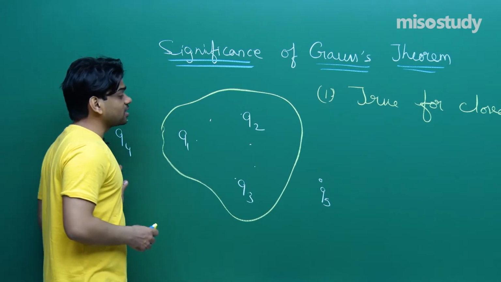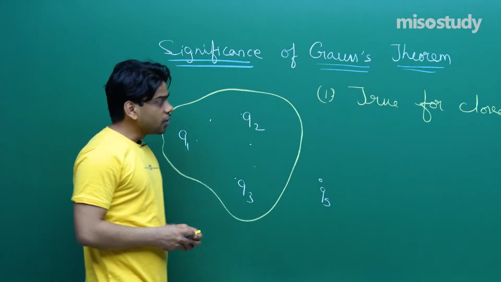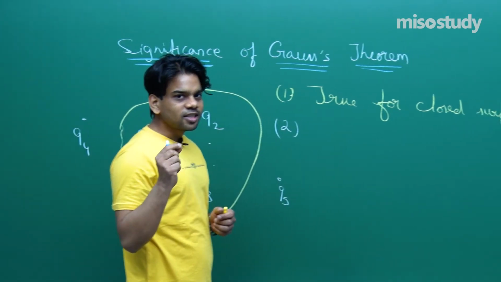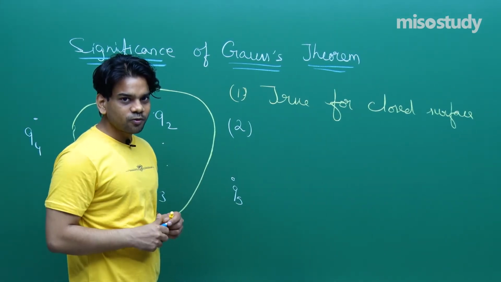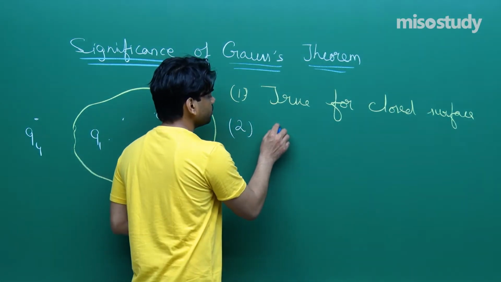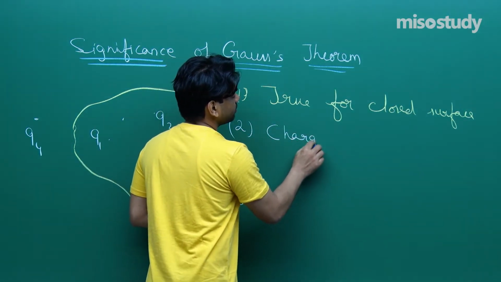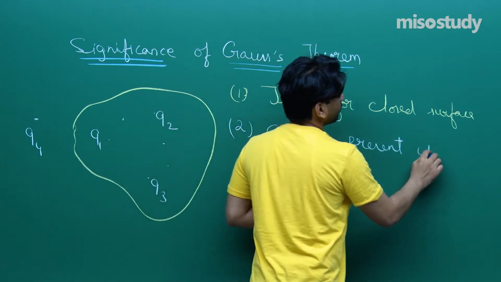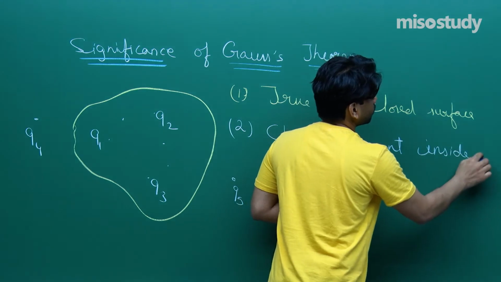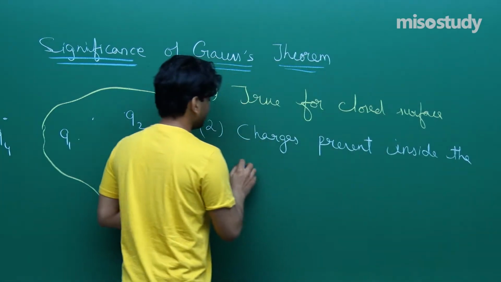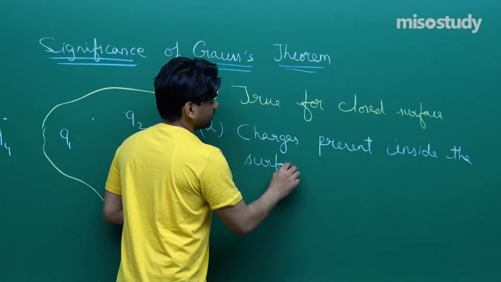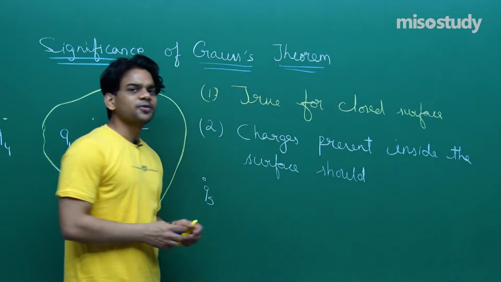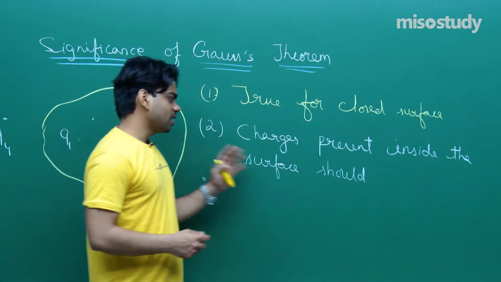We need not consider the charge present outside the Gaussian surface. So remember, in the right hand side of the equation, Q upon epsilon naught, only the charges present inside the Gaussian surface should be considered, and we should not take into consideration the charges which are external to the surface.